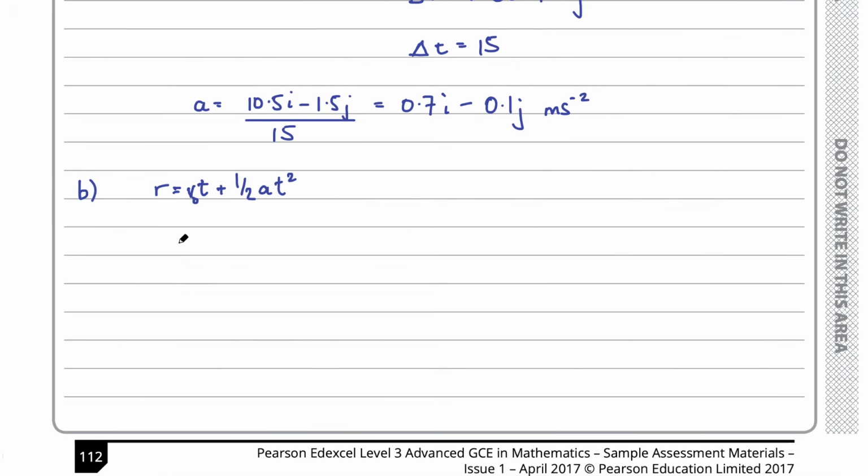Okay, so we know the original velocity was 0.6j times t, and we know the acceleration because it's constant, so the constant acceleration is 0.7i minus 0.1j, and then t is, well, we're looking for it in terms of t, so we can leave t as is.